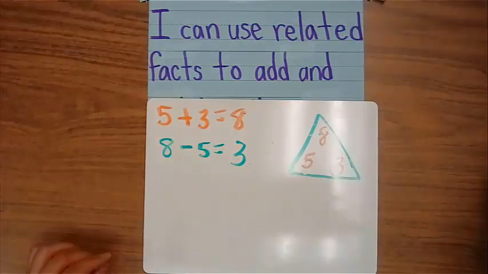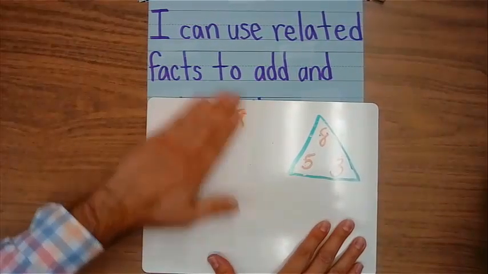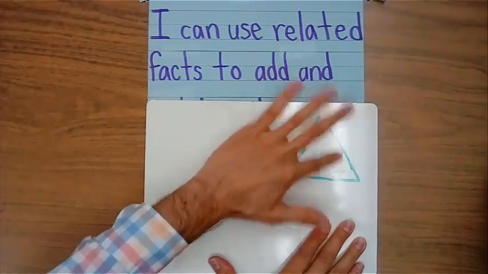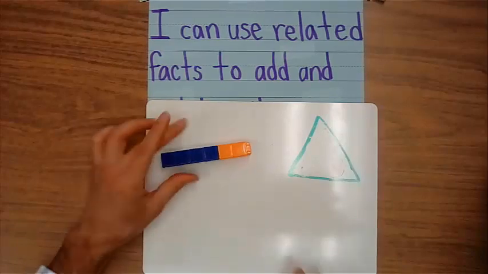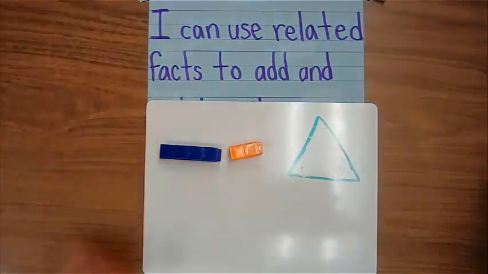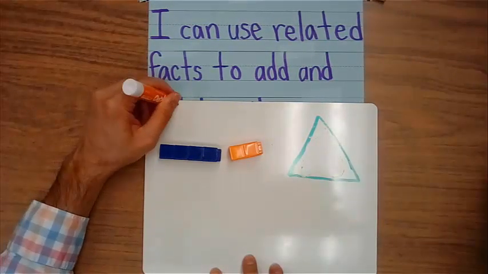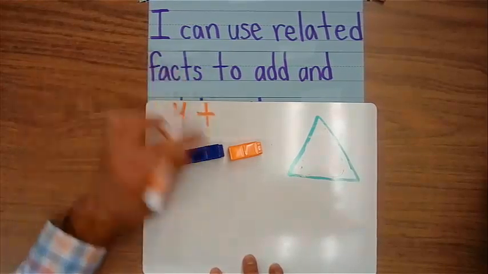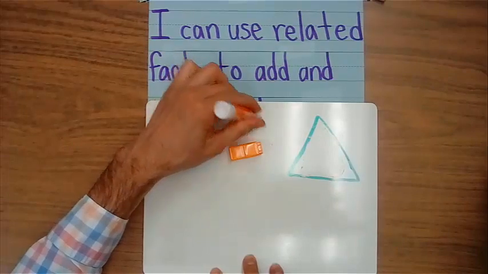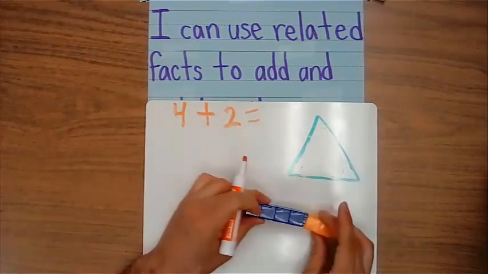Okay, let's try one last one. What if I had 4 and 2? Well, I could say 4 plus 2 equals, what's 4 plus 2?